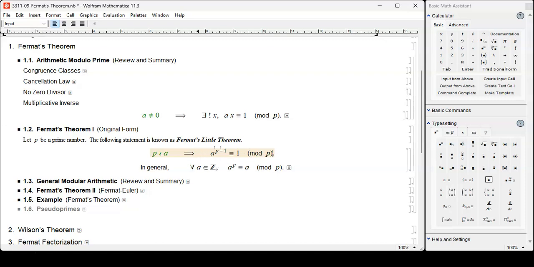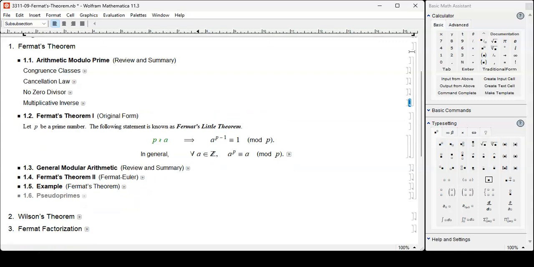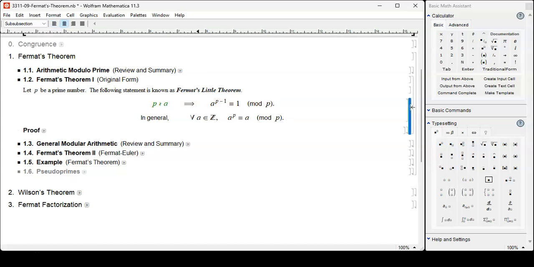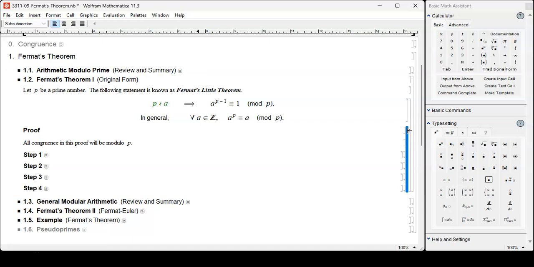So let us focus upon the first line. Also, we showed this alternative aspect of p not dividing a, which is the same as a is non-zero mod p. So I don't need this anymore. Let's focus upon this only. All right, let's prove it. And we have multiple steps.